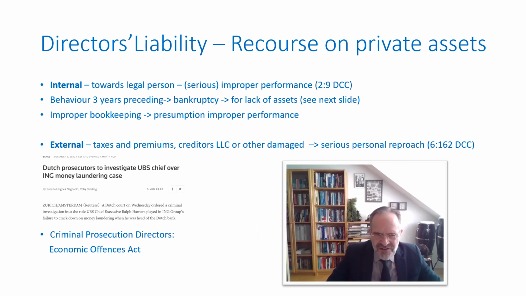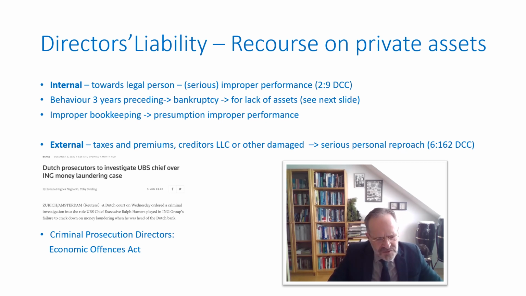When we talk about director's liability, we talk about a situation in which a director acted in his capacity as director, or the board acted in their capacity as board, but acted in such a way that the law attaches a consequence to it, and that consequence is that recourse for what they did, liability for what they did, can affect their private assets.